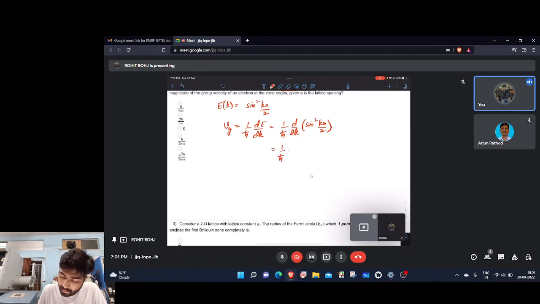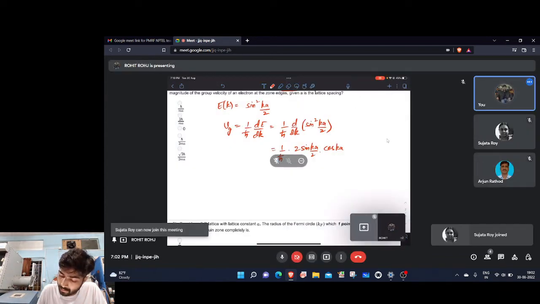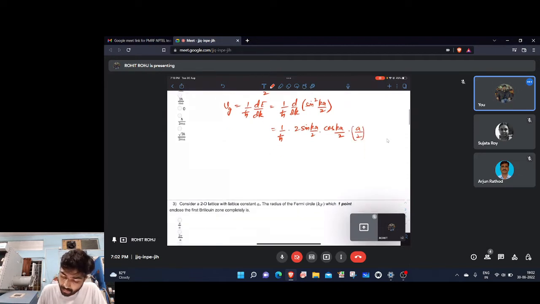Just differentiate: sine square theta gives 2 sine ka by 2 cos ka by 2, times a by 2. So finally what we have is a by 2h cross times 2 sine ka by 2 cos ka by 2.